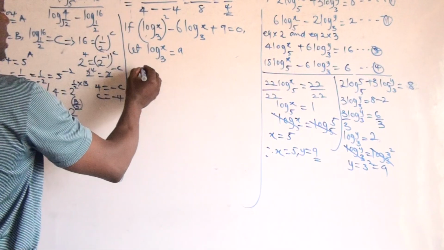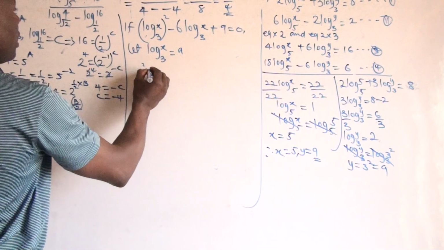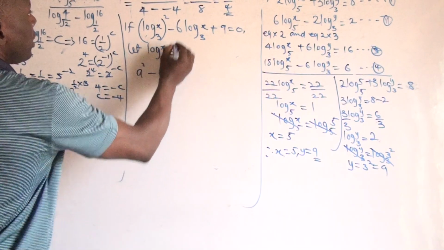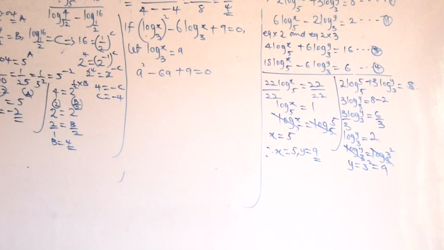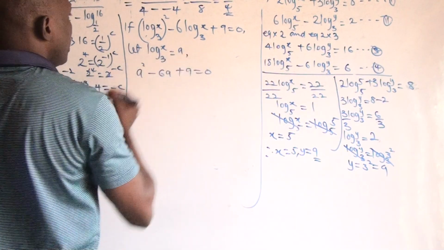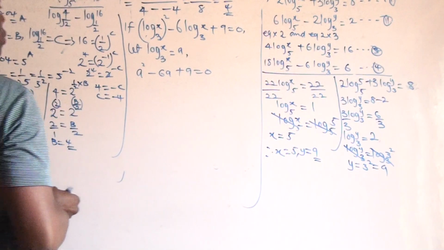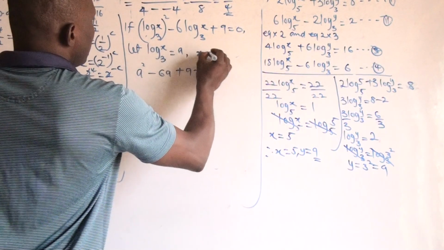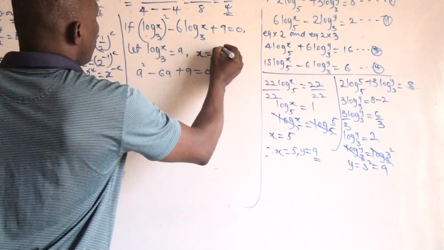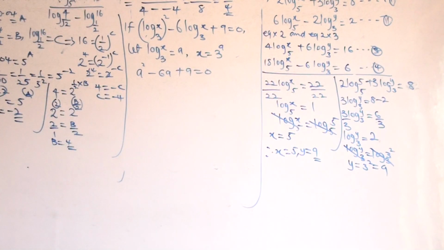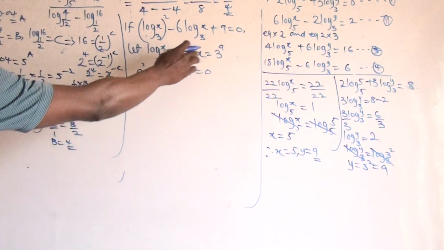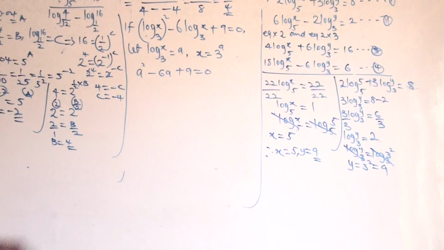So by the time we do that, this becomes a squared minus 6a plus 9 is equal to 0. Now if log x to base 3 is equal to a, that means we can say that x is equal to 3 raised to power a. Once we are able to get the value of a, then we can obtain the value of x.